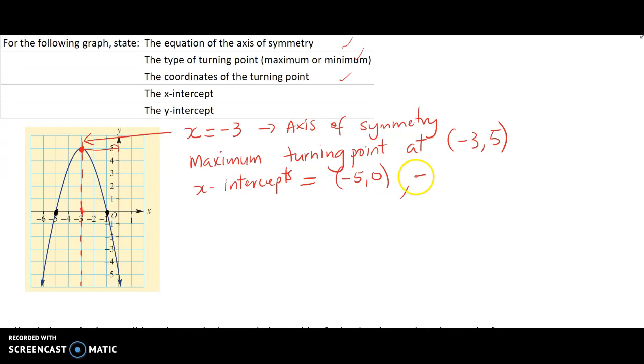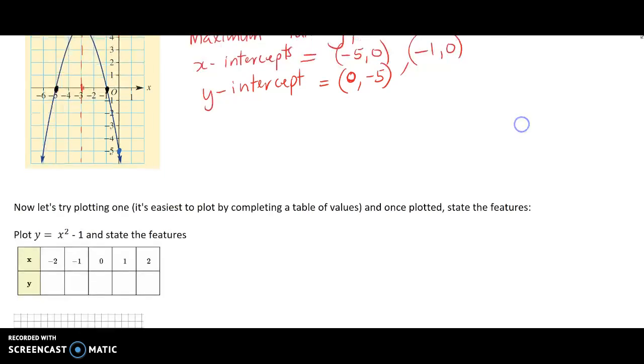The other one is at -1, 0. And the y-intercept, the place where it cuts the y-axis, is over here. So therefore our y-intercept is at 0, -5. Good? Okay. I think that's pretty straightforward.